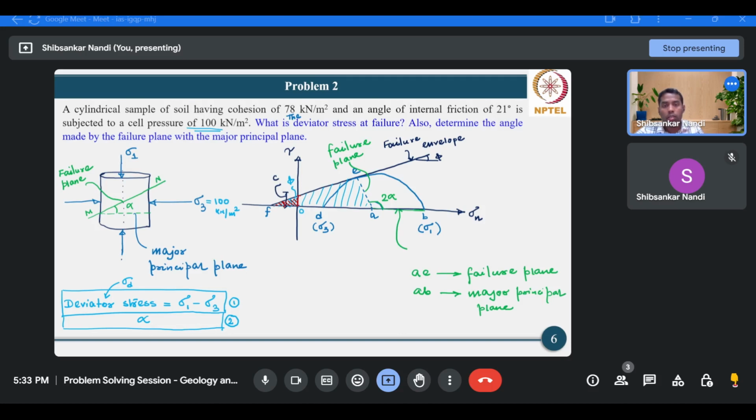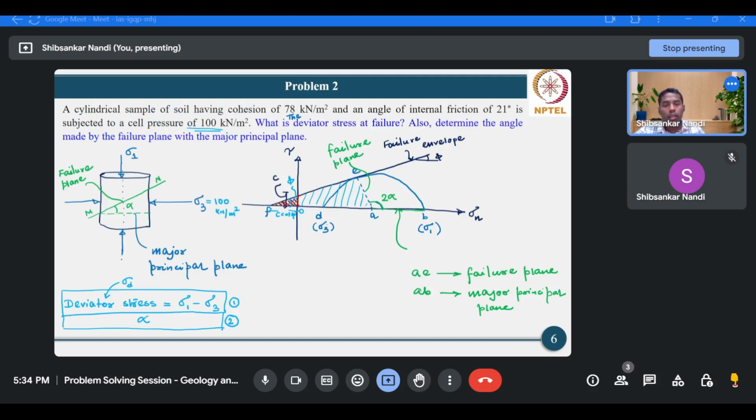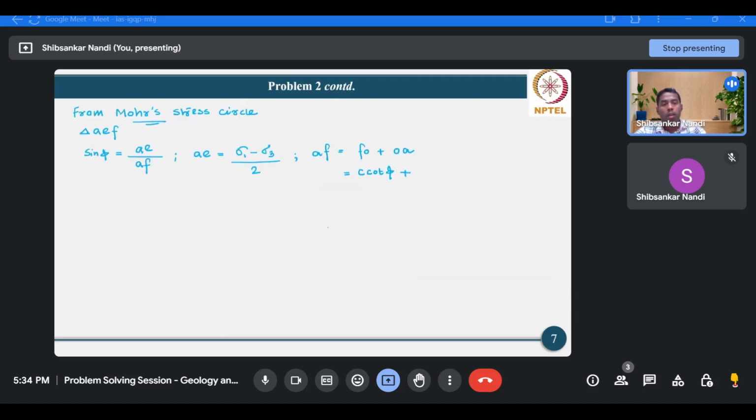So this is C cot phi. And what is OA? The value of OA is nothing but sigma 1 plus sigma 3 by 2.